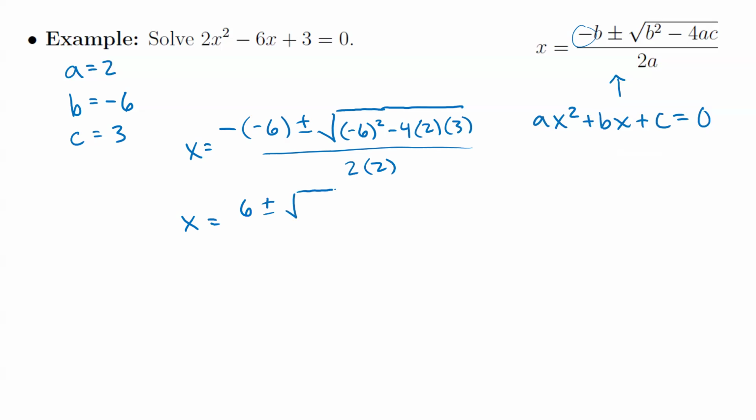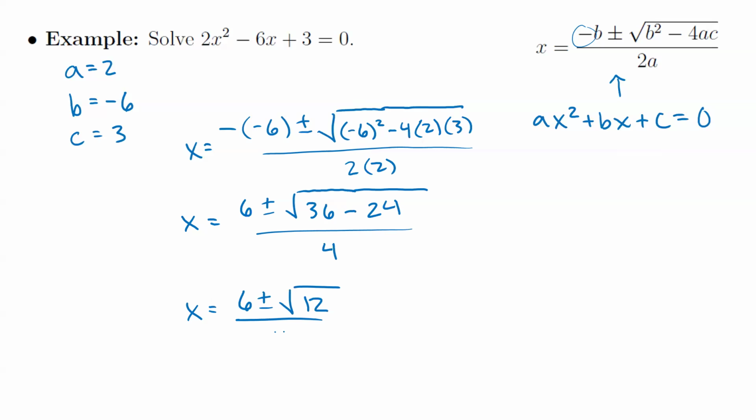We also know that when we square that negative 6, we get positive 36. And 4 times 2 times 3 is 24, all over 4. So we have a 12 under the square root, and we have a 4.